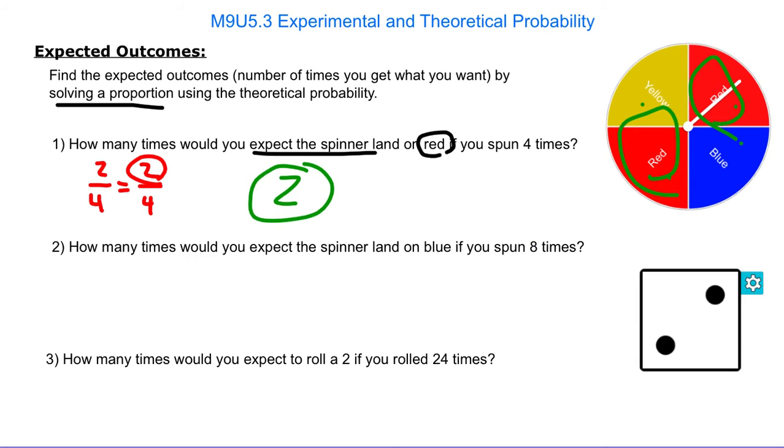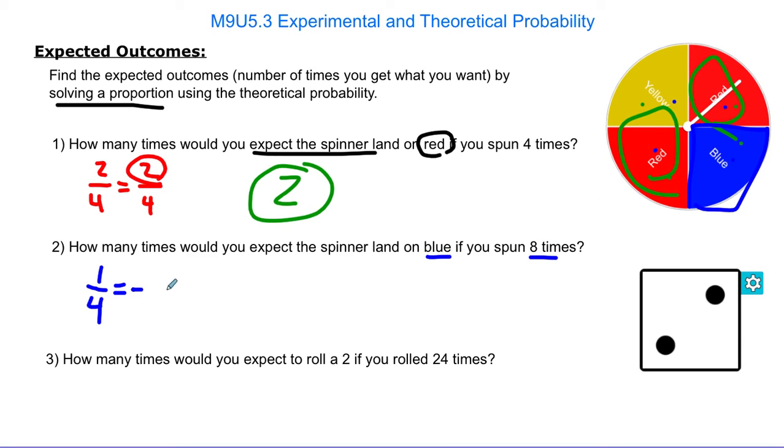Let's do that with something a little tougher. How many times would it land on blue if we spun 8 times? Well, it's only got one blue chunk here, so you'd expect blue 1 out of 4 spins, right? 1 out of 4 is the probability to land on blue. So if you spin 8 times, you might expect 2, because every time you would spin 4 times, you'd expect one of these to be blue. And so if you spin 8 times, you'd expect 2 to be blue.